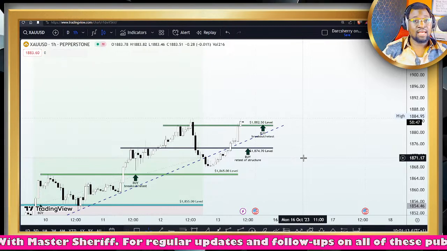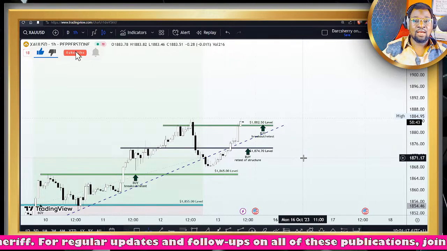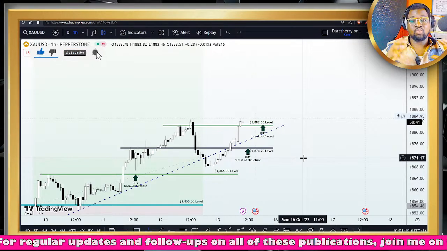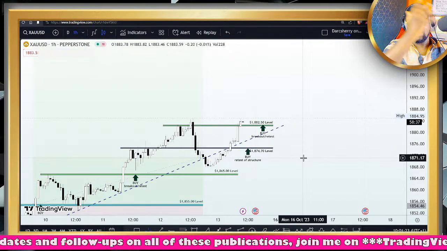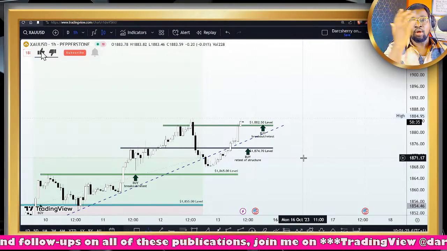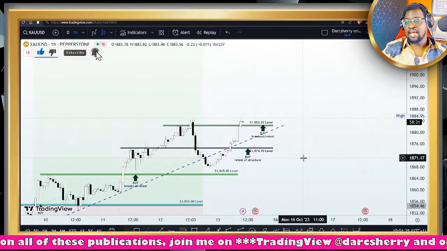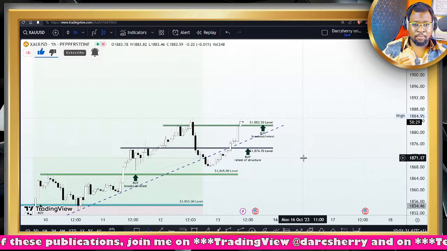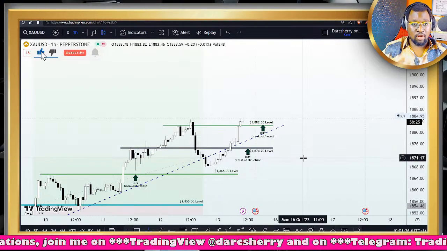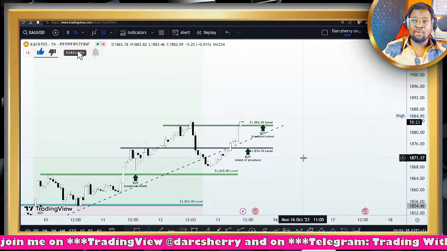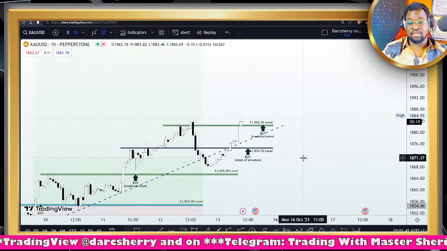So gold being a safe haven, whenever we have turmoils like this or economic turmoils like this, we usually expect a flow of capital from currencies to safe havens just to be on the safe side. And as a result of this, I am of the opinion that gold is going to continue an uptrend situation. Now, from a technical standpoint, price still remains above our ascending trend line.